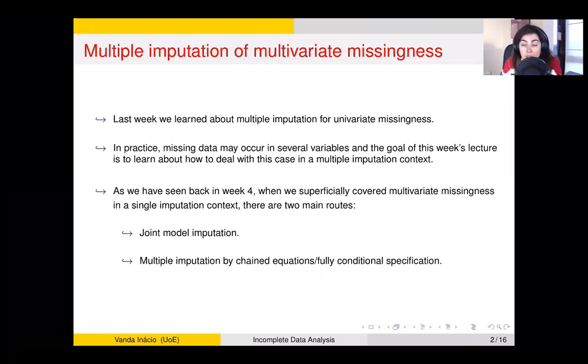Okay, last week we covered the case of multivariate imputation for univariate missingness, and we have seen that the package mice has several options available for imputation when the variable is continuous, right? We can use a normal linear model, the Bayesian version, or the frequentist counterpart based on bootstrap. We can use predictive mean matching.